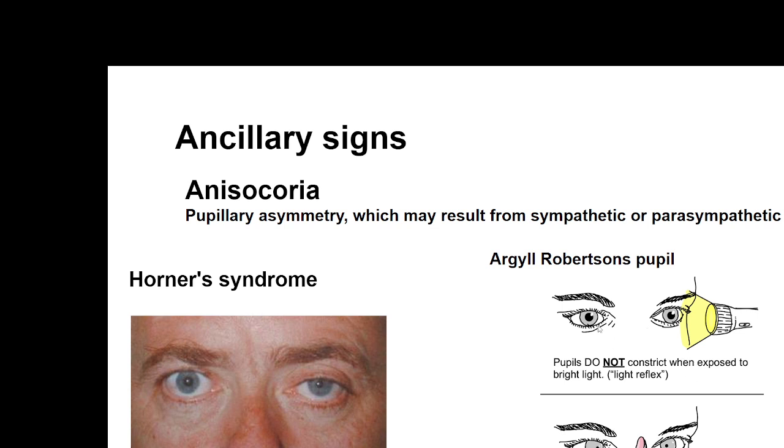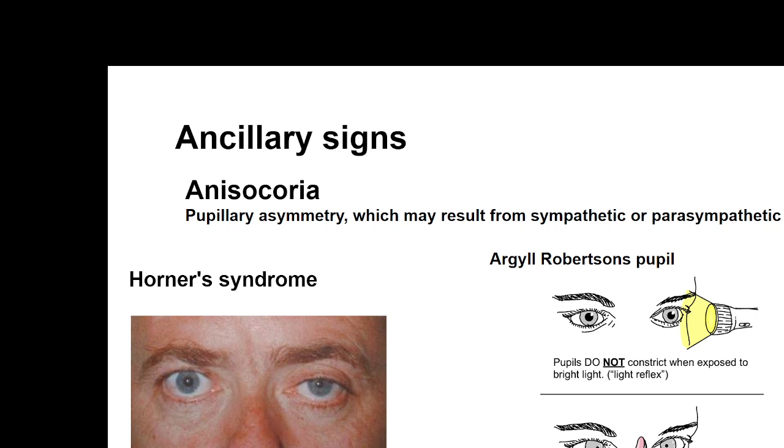If the pupils do not constrict to light, or do not constrict when the patient is asked to look at a near object, that's called Argyll-Robertson pupil. Again, in which condition it occurs and how to interpret it, we will discuss later when we go into the disease. For the present, I will just limit myself to naming those conditions and how they are elicited.